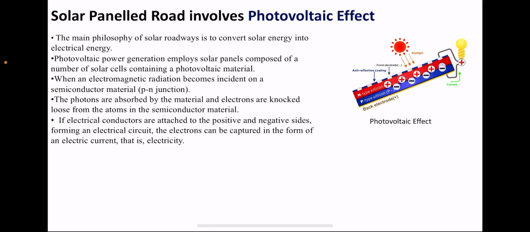When electromagnetic radiation becomes incident on a semiconductor material, the p-n junction, the photons are absorbed by the material and electrons are knocked loose from the atom in the semiconductor material. If electrical conductors are attached to the positive and negative sides, forming an electrical circuit, the electrons can be captured in the form of an electric current. That is what we call electricity.